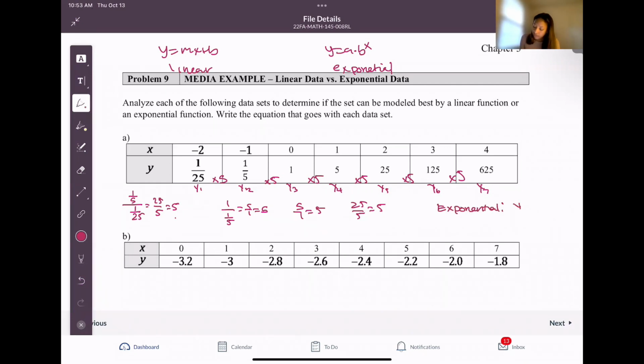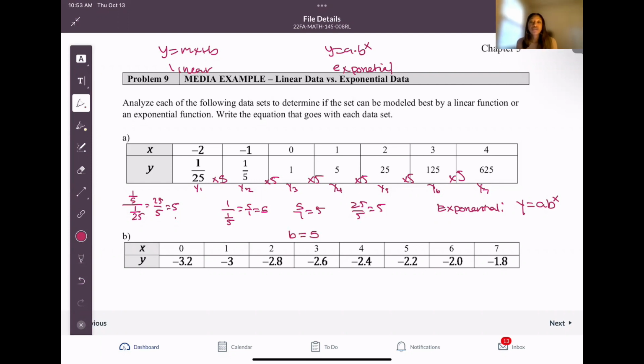And we need to write out an equation of the form y equals mx plus b. I'm sorry, y equals a times b to the x, not mx plus b. All right, so what information do we know? Once we get these successive ratios, the number that we get tells us our b. So b is equal to 5.